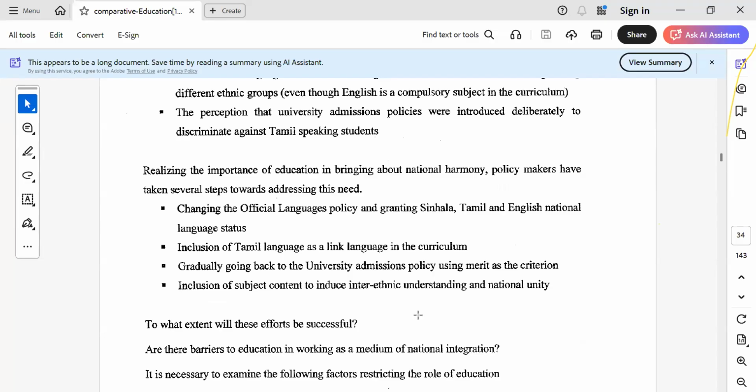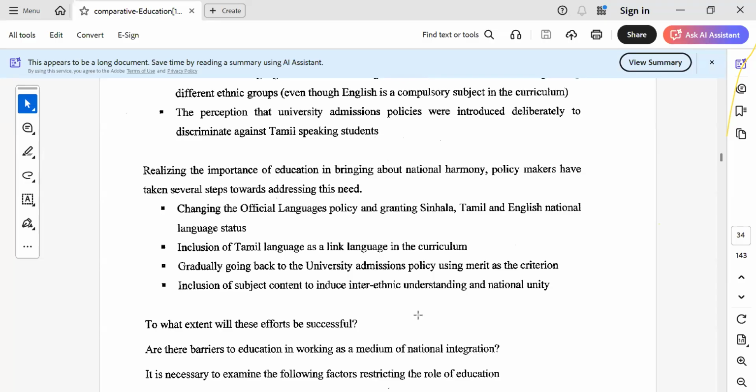So like the other countries like South Africa, USA, and New Zealand, right? They took measures to reduce the conflict situation. Even in Sri Lanka also the same.